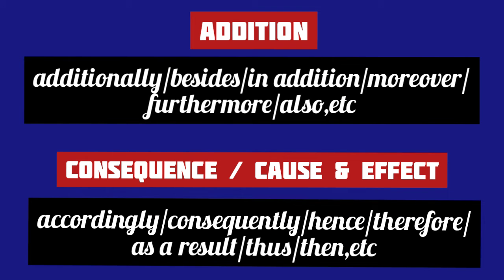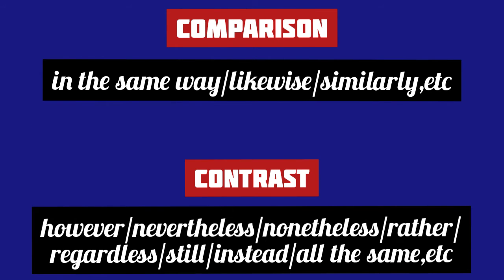For example, the adverbial conjunctions indicating the relation of addition between the two clauses or sentences include additionally, besides, in addition, moreover, furthermore, also, etc. And then we have adverbial conjunctions of consequence such as accordingly, consequently, hence, therefore, as a result, thus, then, etc. Next, we have adverbial conjunctions of comparison such as in the same way, likewise, similarly, etc.